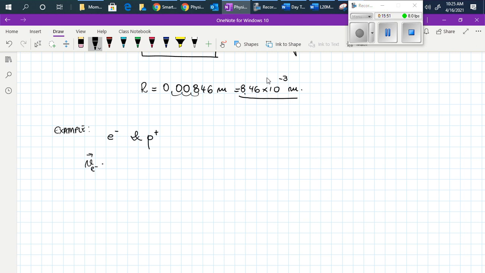So velocity of the electron is the same as the velocity of the proton, and it is 6.25 times 10 to the power of 6 meters per second going south. And what we have is magnetic field strength is 0.040 Tesla going out of the page.